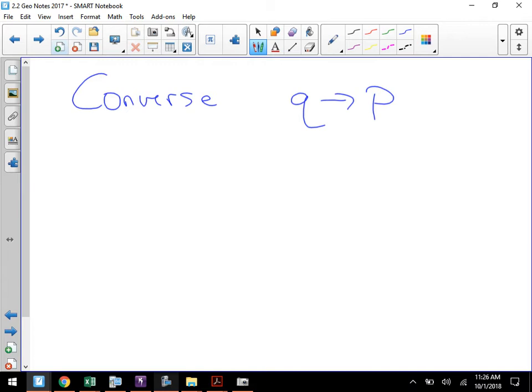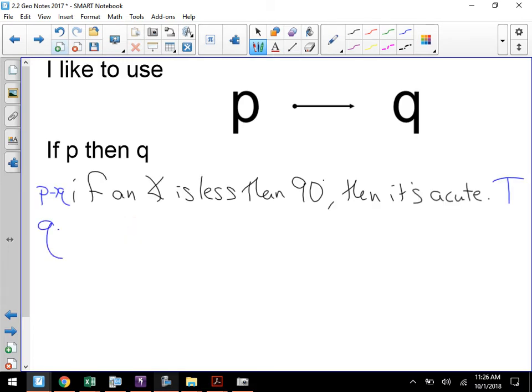So if you start with your conditional, if an angle is less than 90, then it is acute. If I flip it, what would it be? If an angle is acute, then it is less than 90. See what I'm saying? We just flip it. You flip-flop them. Q implies P. You just say it in reverse.